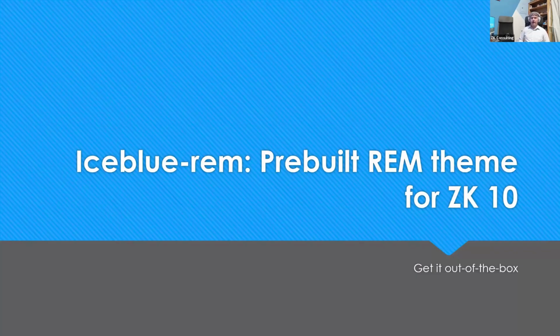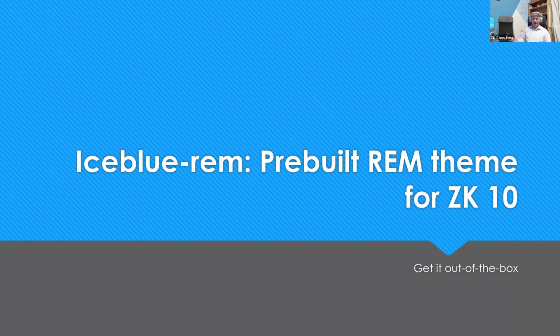As of now, this is an experimental build, which is released under a different package name, Iceblue-REM. We are going to gather some feedback. We're going to continue working on it. It might become the default way that we do sizing in the future, but at the moment, this is still brewing.